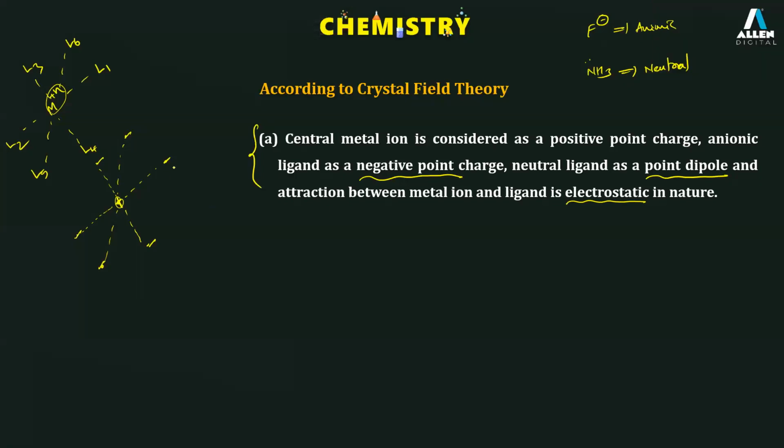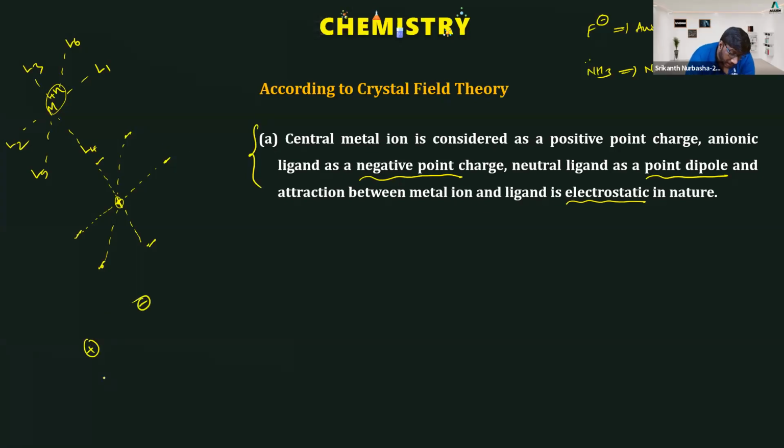So if you look at the electrostatic force of attraction between a positive charge and F minus, which is a negative point charge, and between a positive point charge and NH3, which is a dipole, where should the electrostatic force of attraction be high? So if you have positive, negative, and if you have positive, delta minus, delta plus, where will the electrostatic force of attraction be high, students?